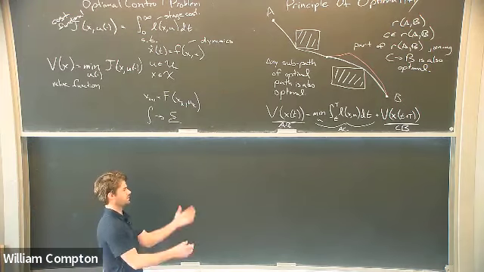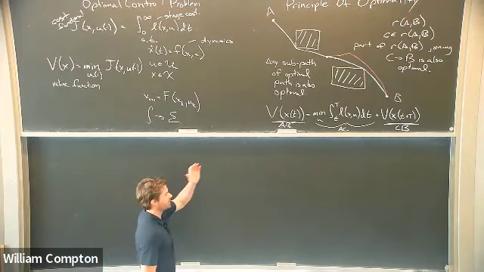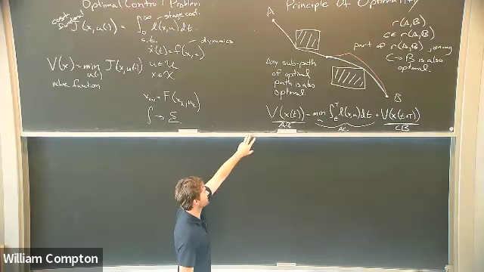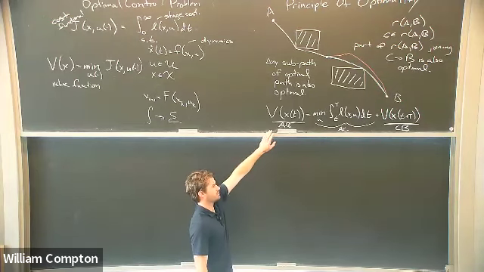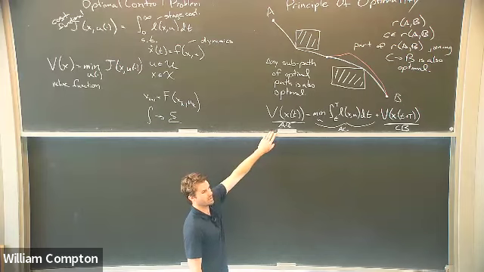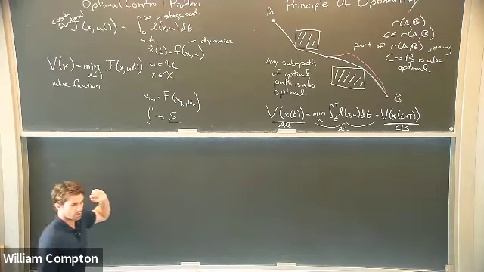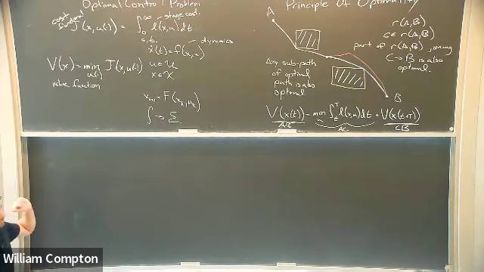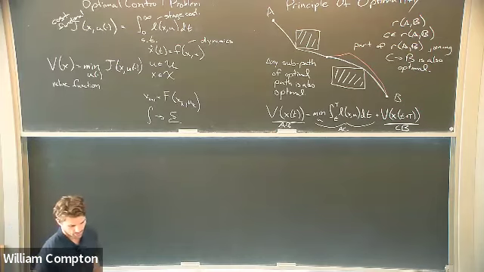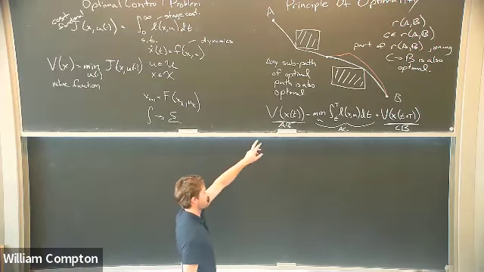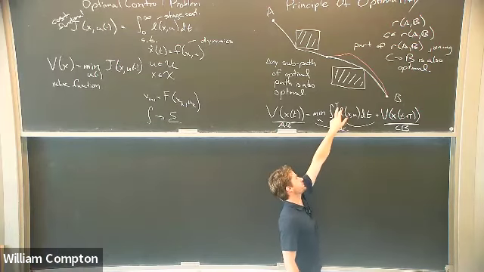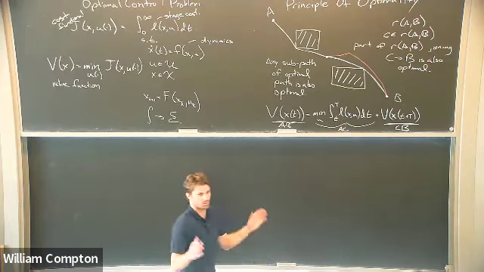So the only piece of real math that we're going to do today, and real is even maybe a stretch, is we're going to go from the principle of optimality to the HJB equation through one variational analysis on that equation. And to do that, we are going to look at this exact equation, and we're going to say that the difference between t and t plus h is going to be small.